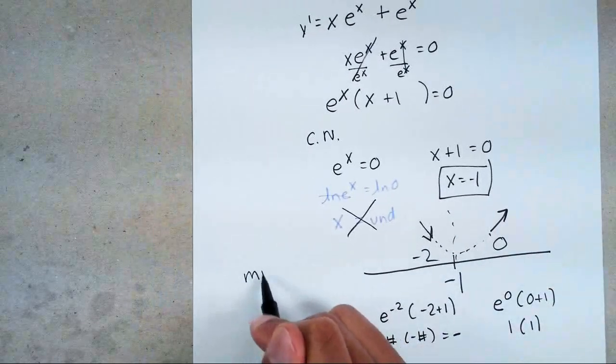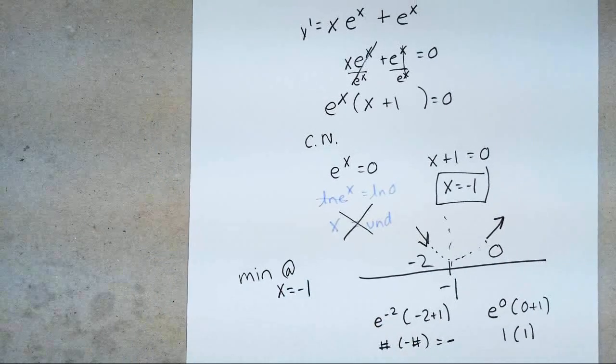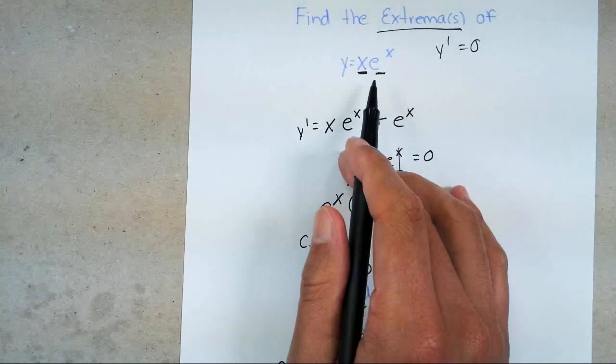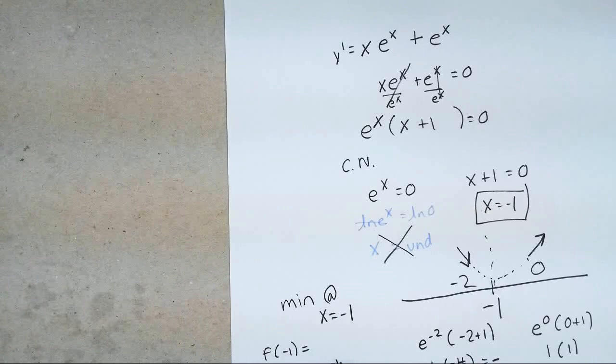So now I know there's a min at x equals -1, but they want me to find my extrema, so that means I actually have to find my real point. And because I have to find my real point, that means I'm going to plug my critical number into my original equation, because that's going to give me my real point. So now I'm going to find f of -1, which equals -1 times e to the -1.